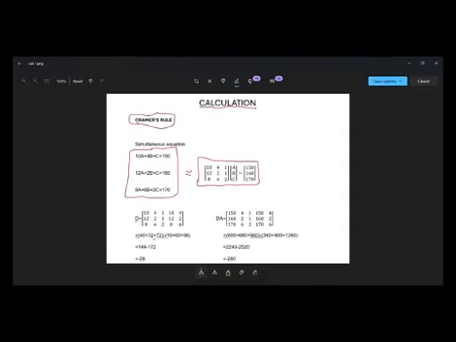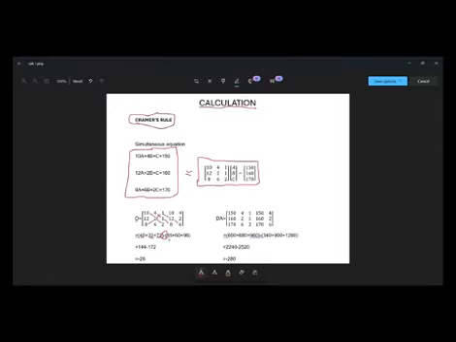To find the determinant, we must copy the first row and the second row and add them to our 3 by 3 matrix. And then, like I show you, we will multiply the upper row like this. After we multiply the upper row, we will subtract the answer after we multiply the lower row.